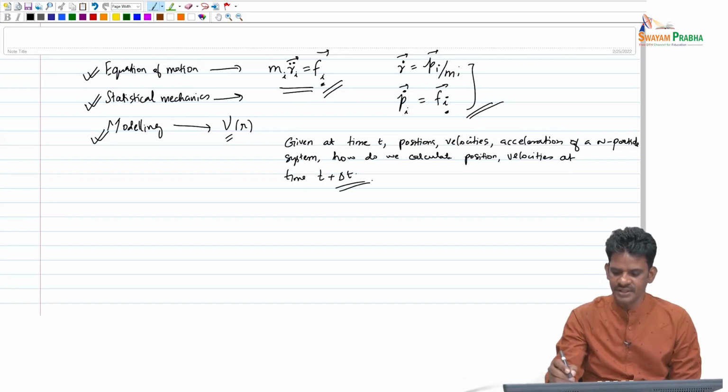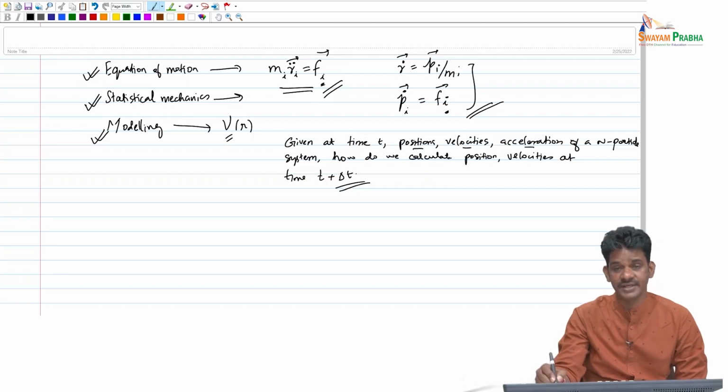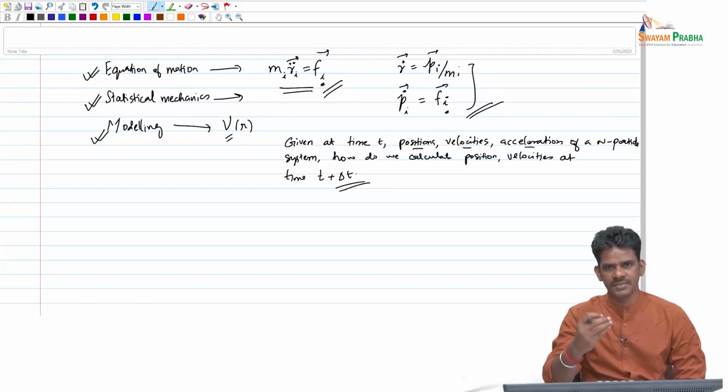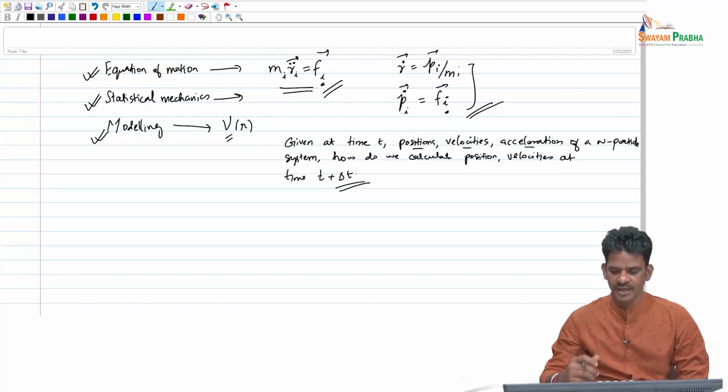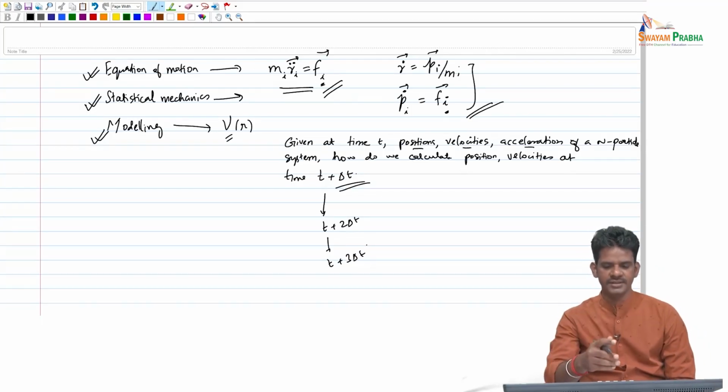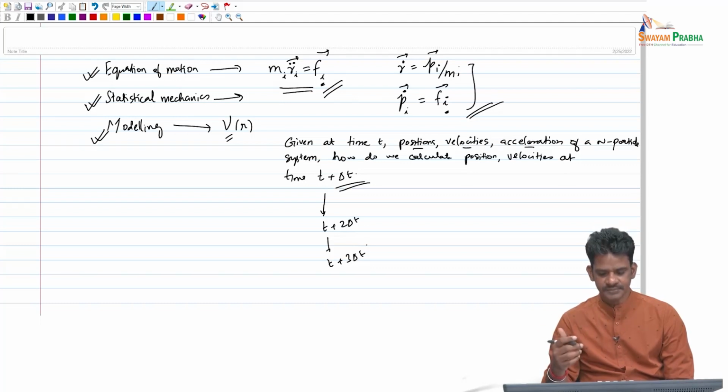So, given at time t, we have the information of position, velocities and acceleration. Using that information at time t plus delta t, where delta t is the step increment in the time, you ask what are the values of these positions, velocities and accelerations. And once we know the information at t plus delta t, we again use this information to advance the system to t plus 2 delta t and t plus 3 delta t, etc. So, basically you integrate these equations of motions in steps using, let us say, some finite difference methods.